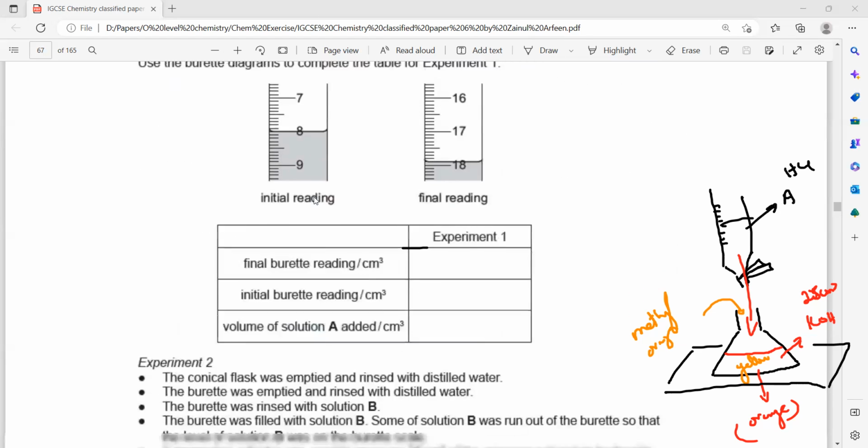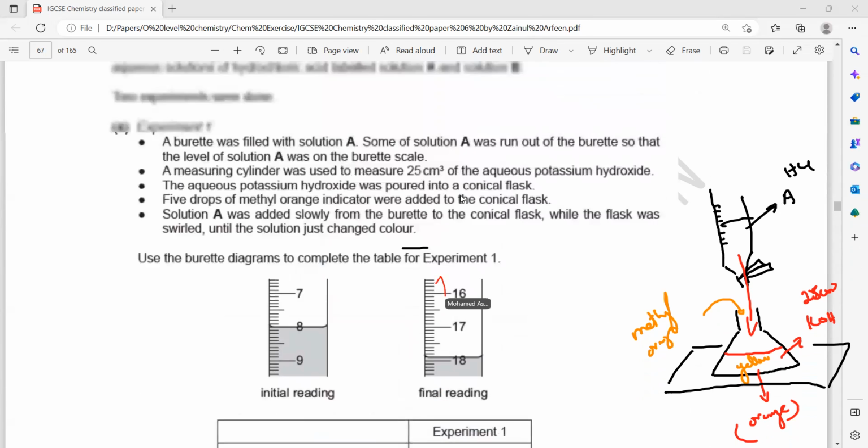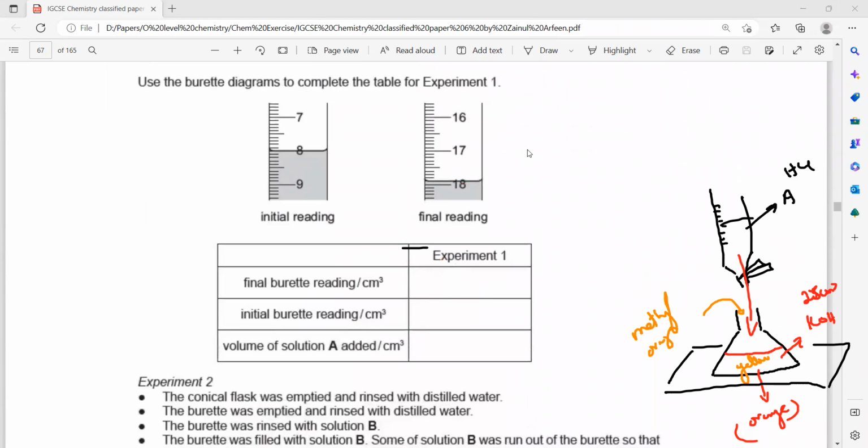Now, in the first one, use the burette reading. What is the initial and final burette reading? You can fill it in. So the initial is 8, okay, but don't write 8.